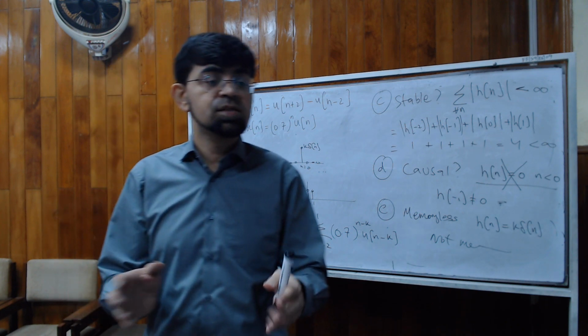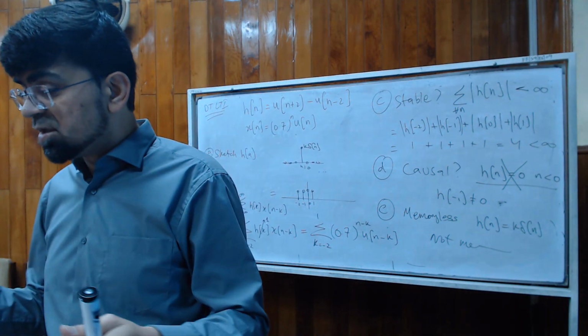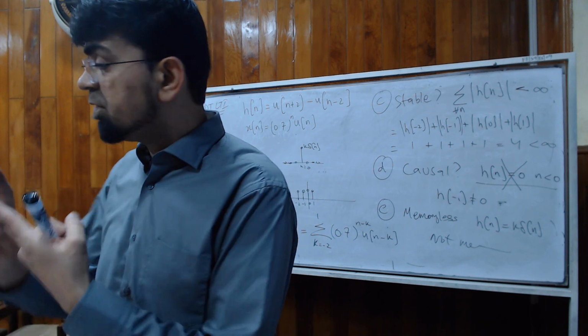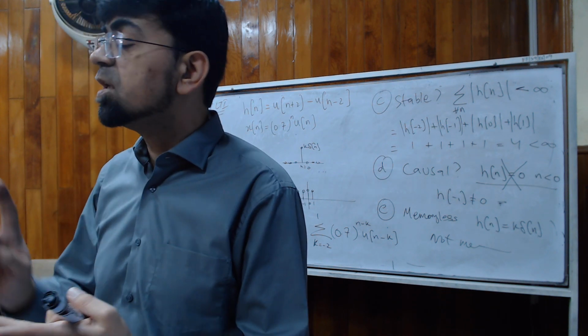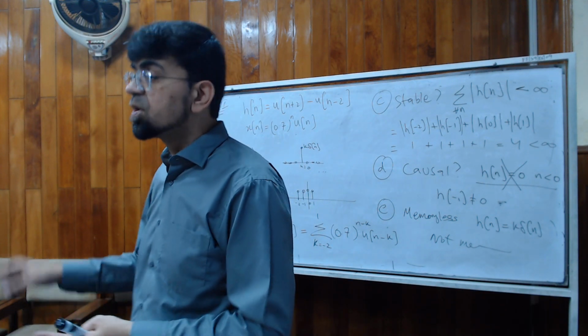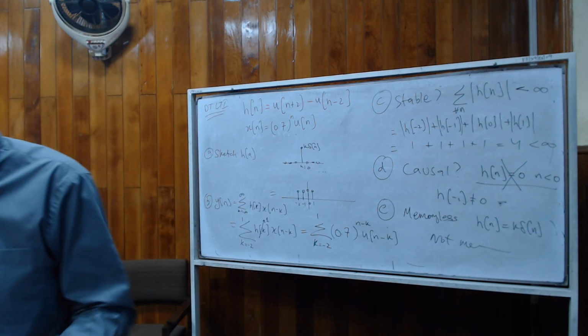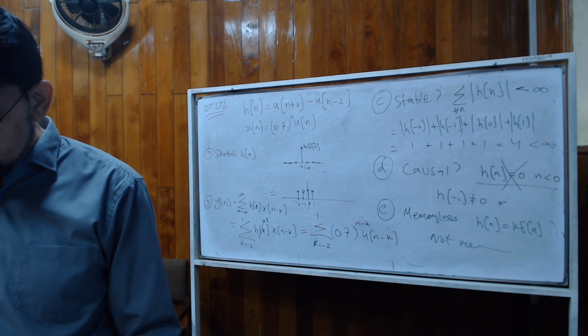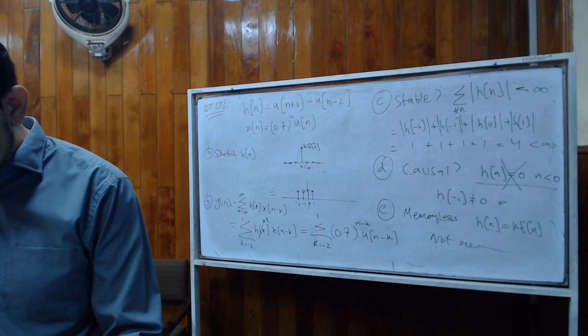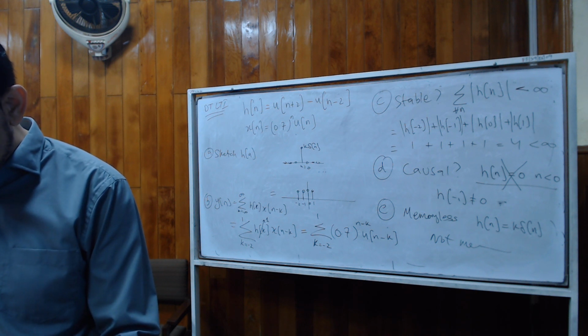An LTI system can be characterized extensively using its impulse response. You can find the output, you can say if the system is stable, memoryless, or causal. There are other tests also that you can do, but for now that is what we are focusing on.